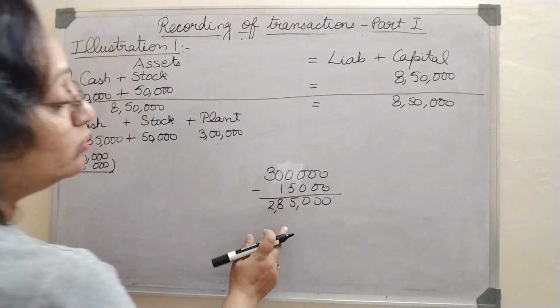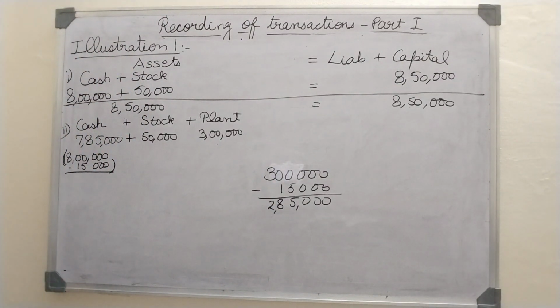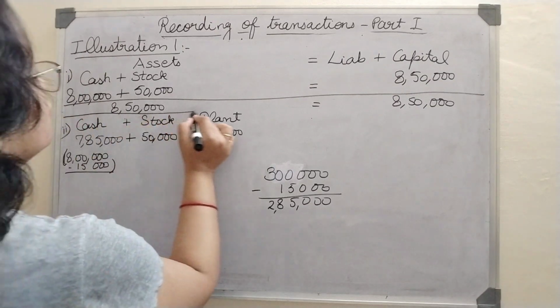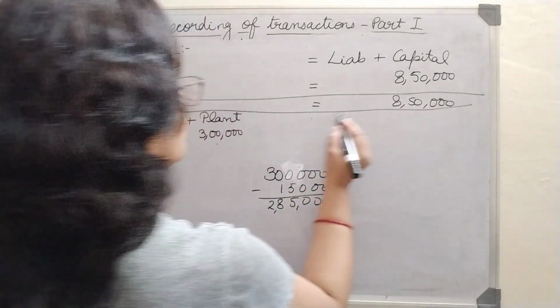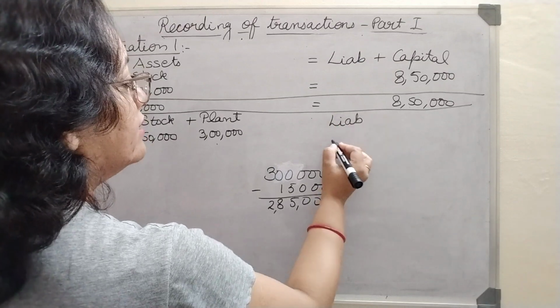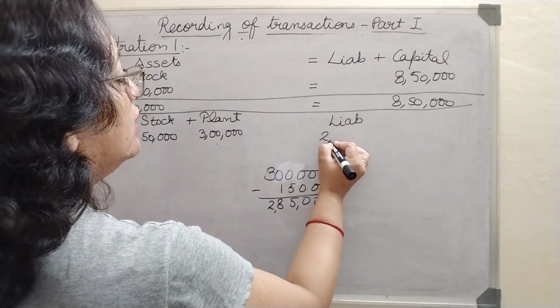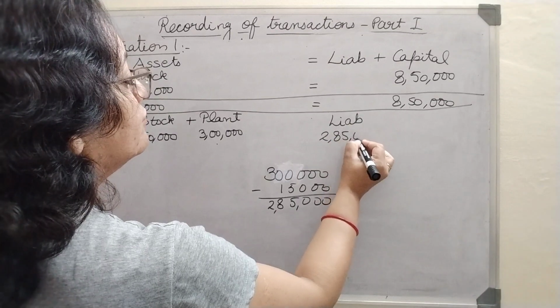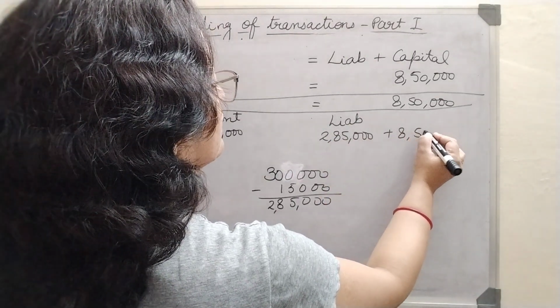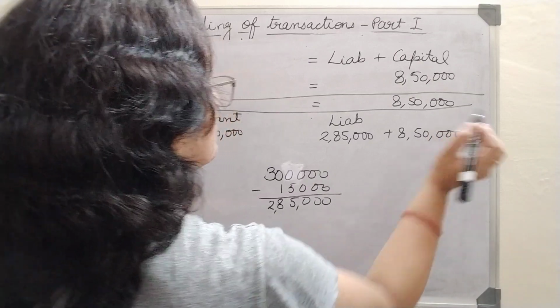So this amount I have still not paid. So what is it for me? It is a liability for me, right? So now after the total of this first, what will come now? I have added 2 lakh 85,000 plus 8 lakh 50,000.